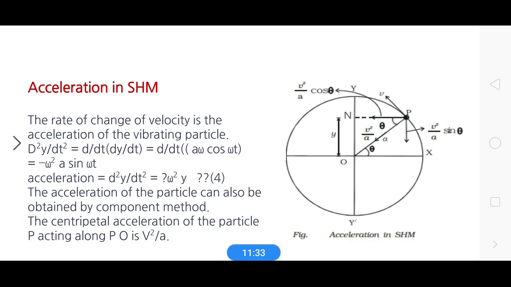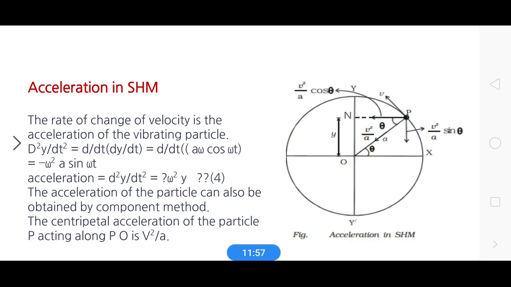Here F is equal to ma, so the centripetal force is mv square by a. So finally the centripetal acceleration is v square by a. In this slide you can see that at point P the centripetal acceleration is pointing towards the center and the value is v square by a.